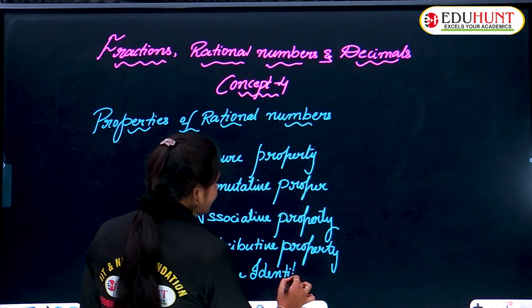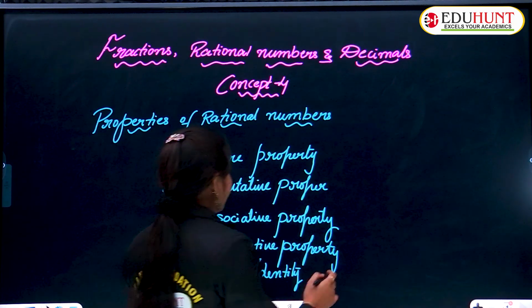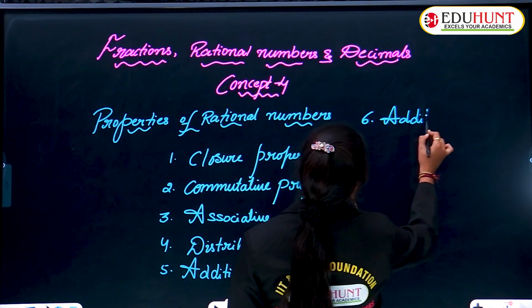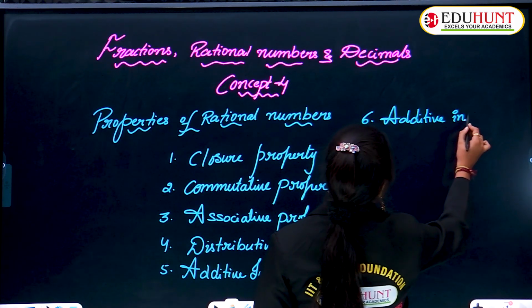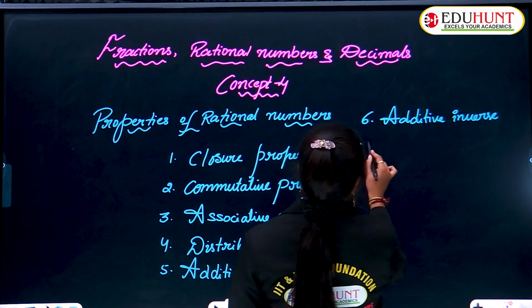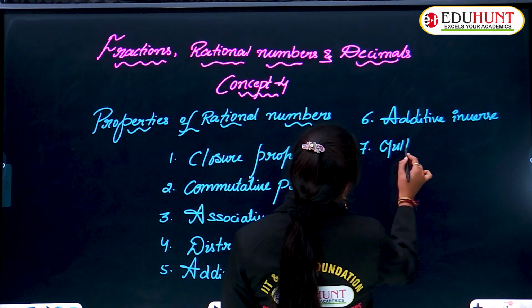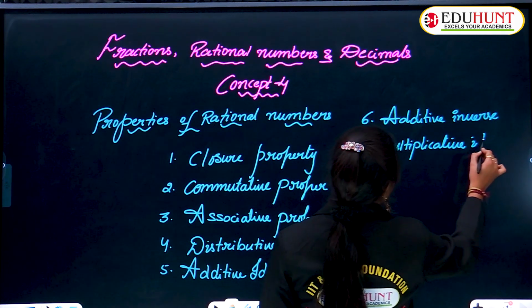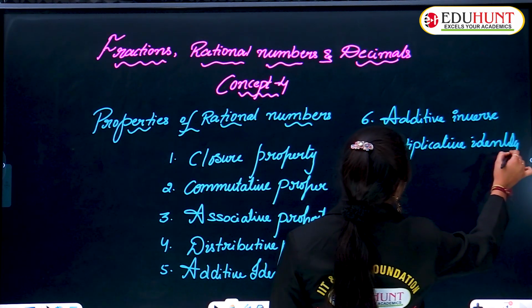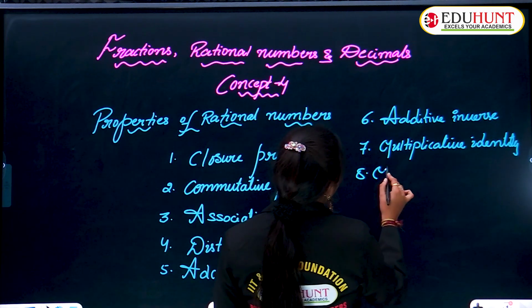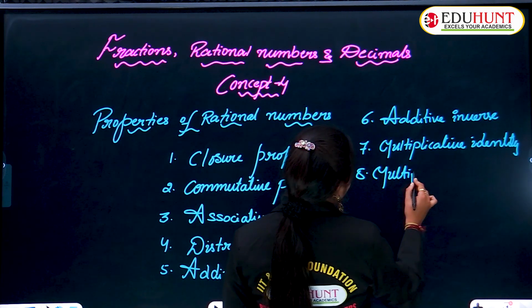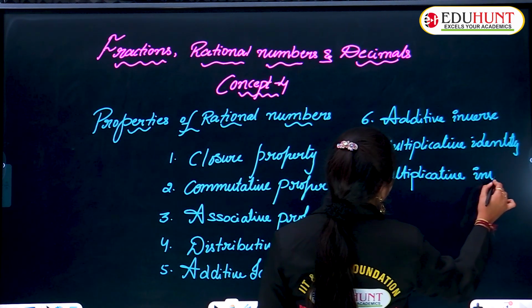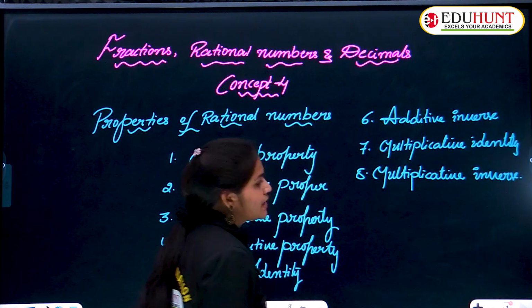Additive identity is nothing but the role of 0. Additive identity, additive inverse, next one multiplicative identity, and in the same way multiplicative inverse. Yes, these are the properties.